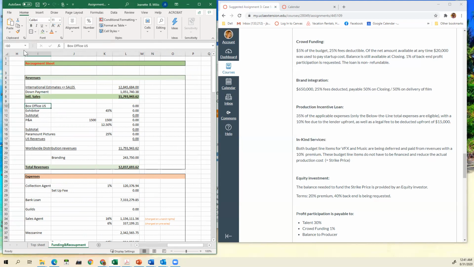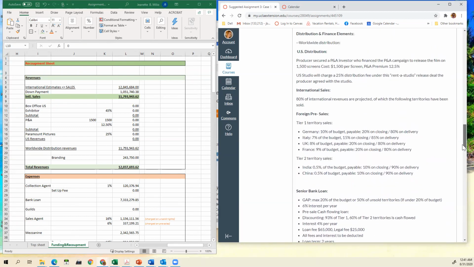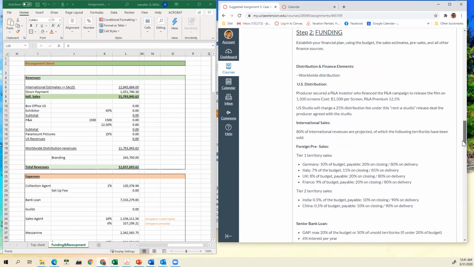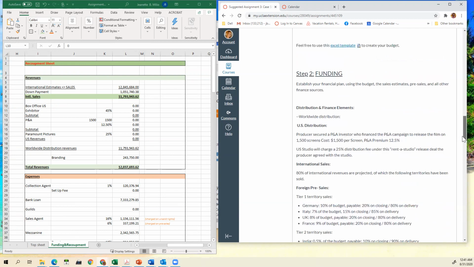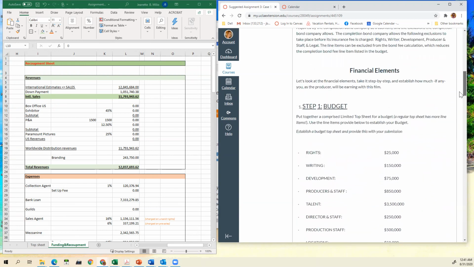Okay, the domestic box office. I'm not going to write domestic box office. I'm going to look up what that was. Let's go back there. US, US, US. Where are we? Here we go. US. Where's my box office? I know I had box office here somewhere. Uno momento.